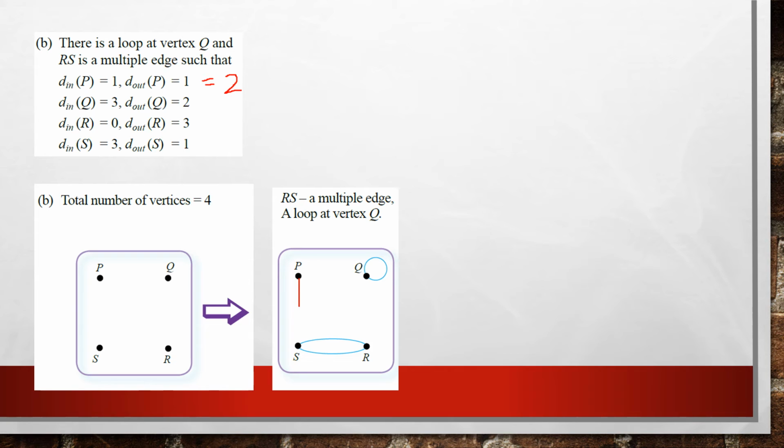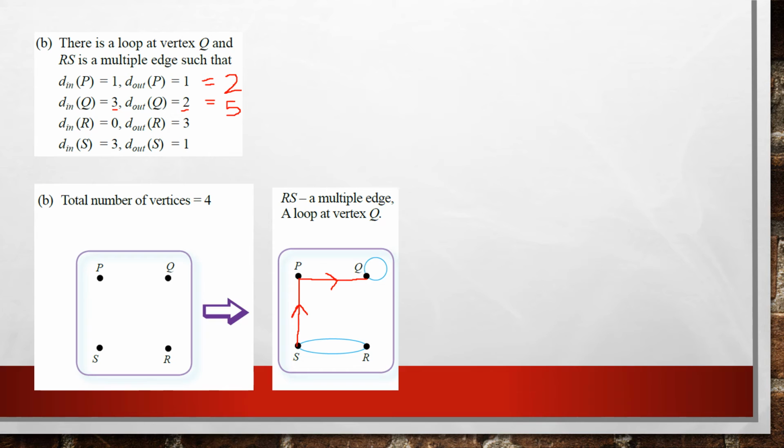So what you can do, the easiest, is draw P and Q. One is going out, one is going in. Next, for Q, you must have 3 plus 2. That means the total lines that connect Q should be 5.